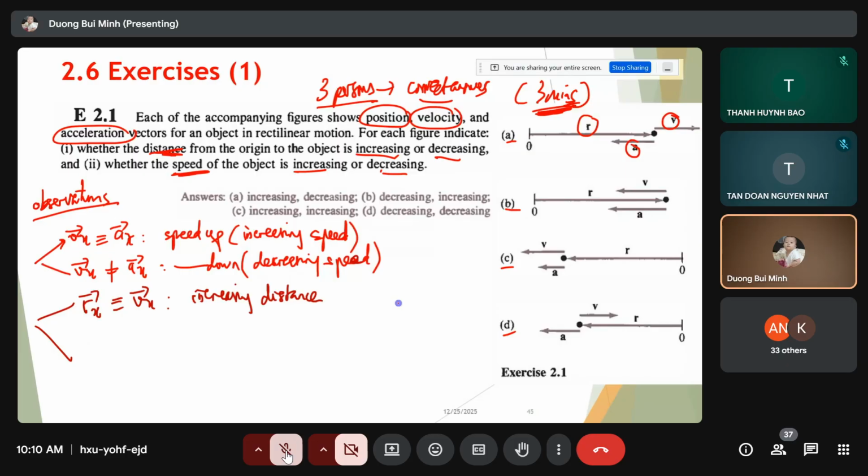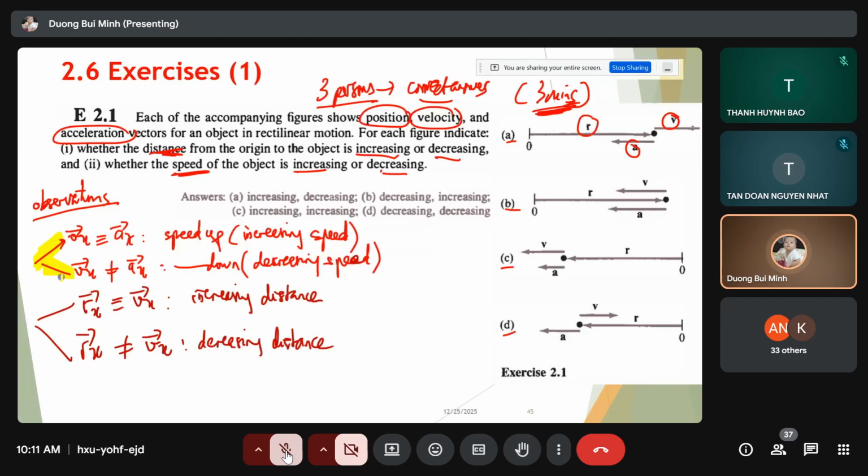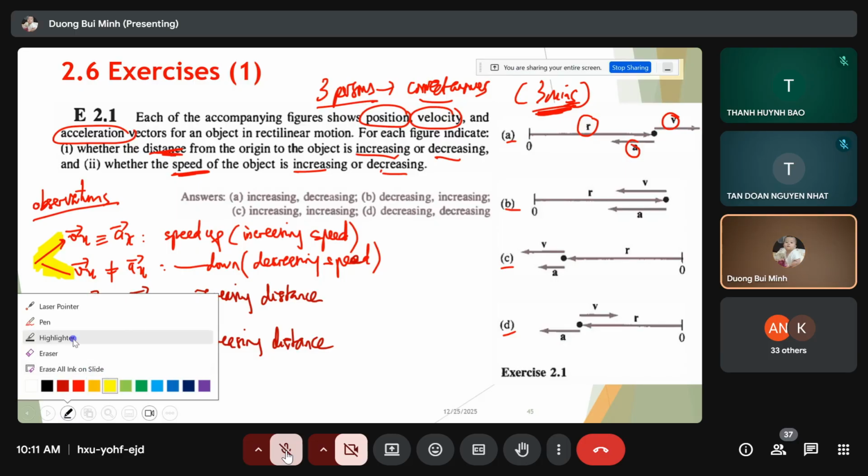And if Rx is different from Vx, we have decreasing distance. So if we just use the observation, you can get the answers, right?